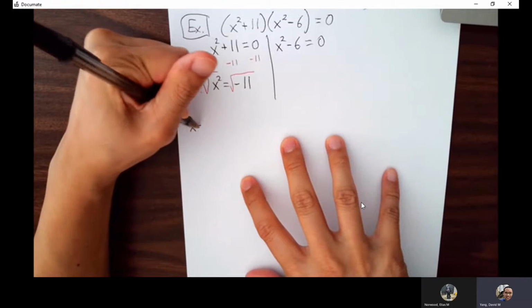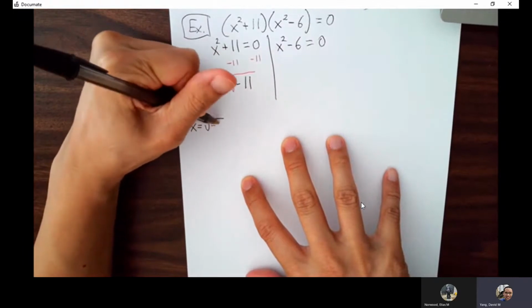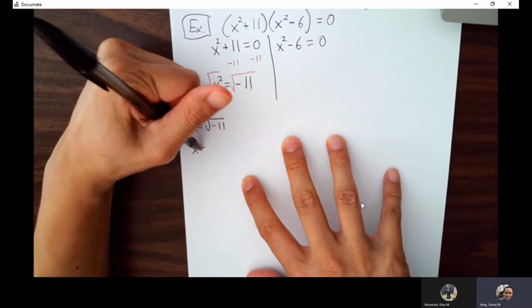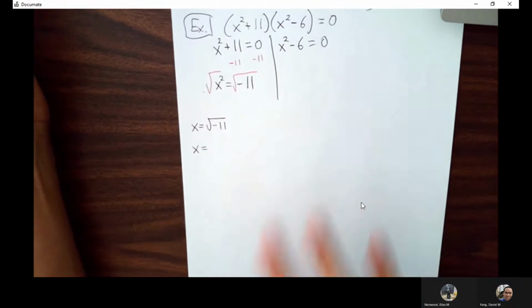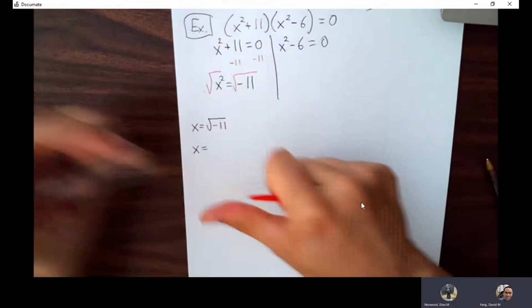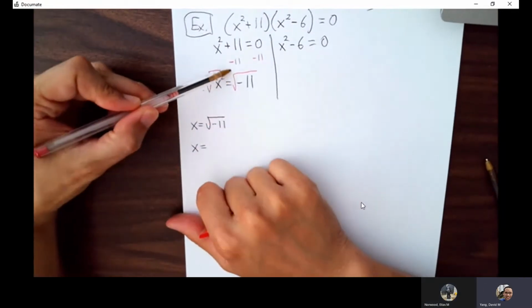So we get x equals square root of -11. What's the other solution? x equals square root of 11. So whenever we take the square root, there's always something that pops up in front.